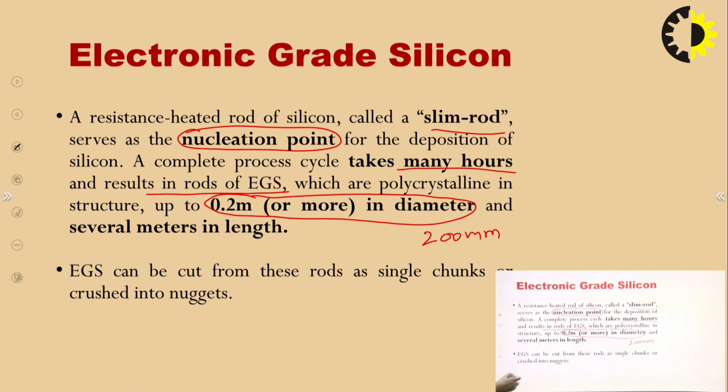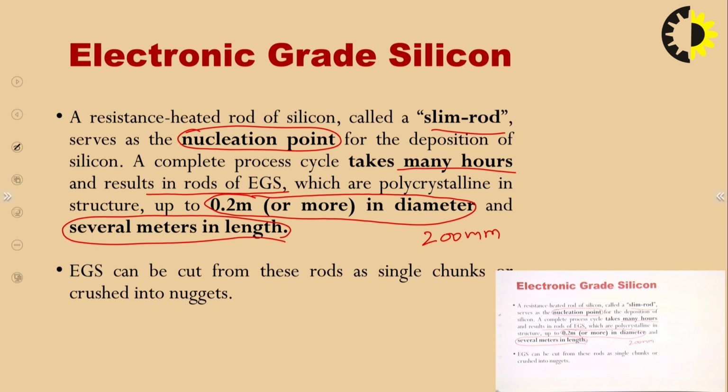And also note that the length of this EGS rod can go up to several meters. So you can imagine the size of this CVD reactor.